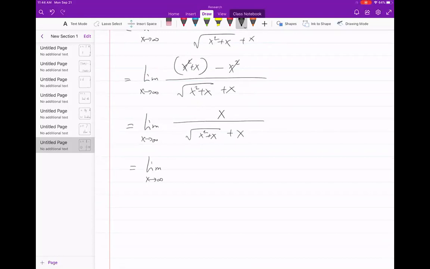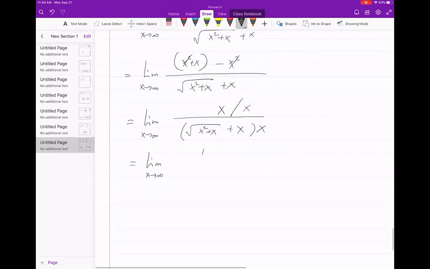X. What's the leading term on the bottom? Square root of x squared, which is x, and this is also x. So do you agree the bottom should be x? Yes. So together, let's divide both by x.